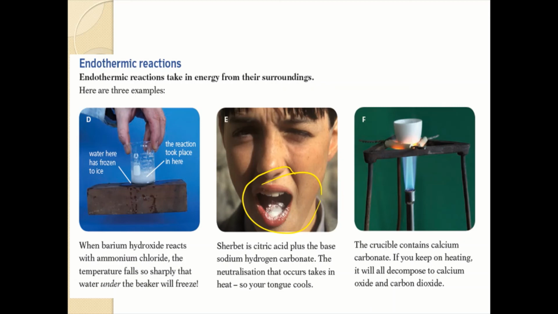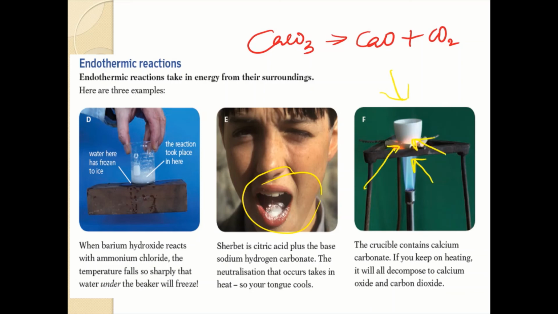For another example of endothermic reaction, decomposition of calcium carbonate. Calcium carbonate is CaCO3. When it decomposes, it breaks down into calcium oxide plus carbon dioxide. Now this decomposition requires heat energy. That means heat energy has to be given to it. If you look at this diagram, you can see that heat energy is being given to the container, and you have your calcium carbonate decomposing on the inside.